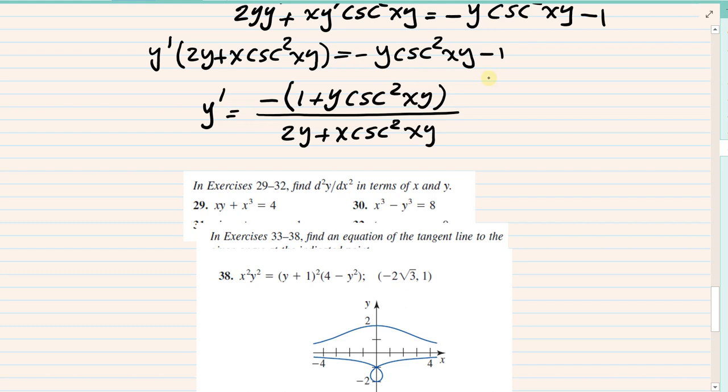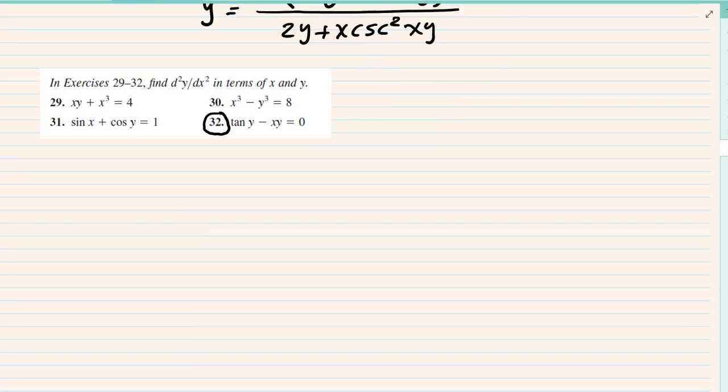Okay. Now, let me move these and we'll try these next. Okay, let's take a look at this exercise. This is number 32 we're going to look at. The question actually wants us to find the second derivative this time. So we're going to go ahead and proceed with our first derivative.